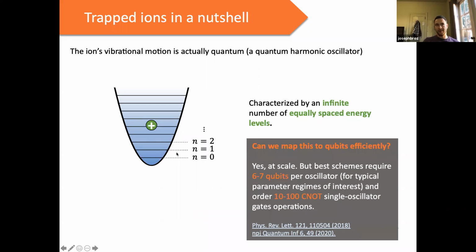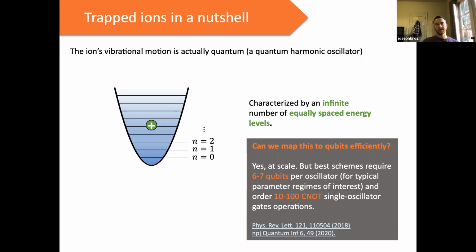But to do a simple operation on just that harmonic oscillator, like an X hat operation, or to couple to its position, something equivalent to doing a T gate on a single qubit, takes 10 to 100 CNOTs, depending on what your implementation is.